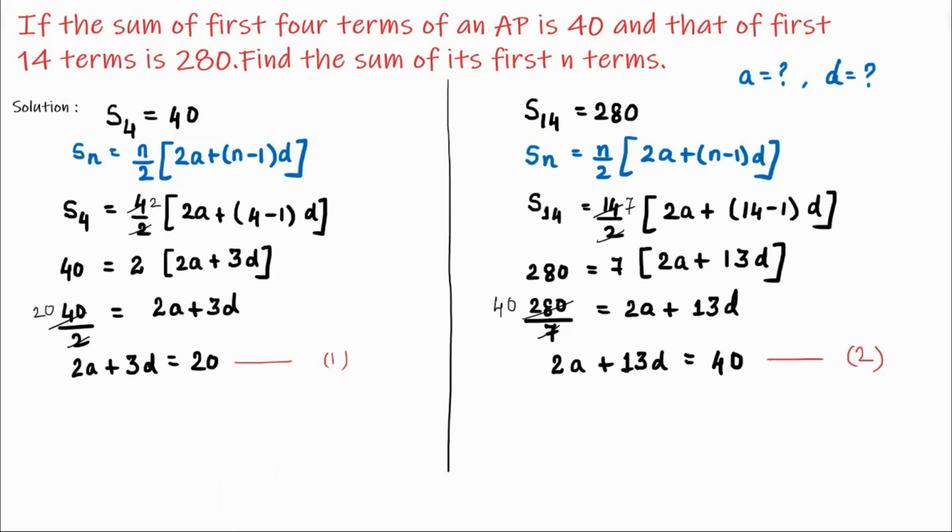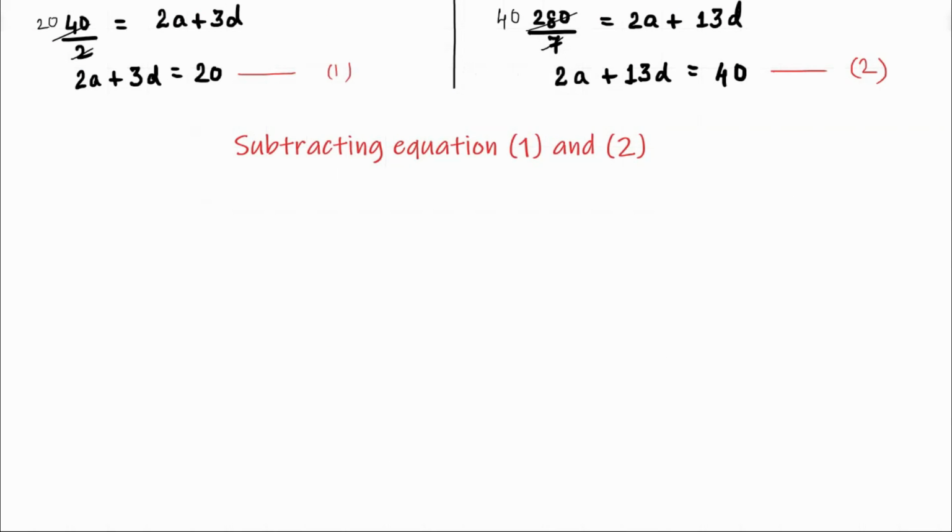Now observing these two equations, the first one and the second one, we can calculate the value of a and d. We can see that by subtracting it, we can easily find the value of a and d. So I just write down the first equation and below it the second equation. And now we subtract both these equations.